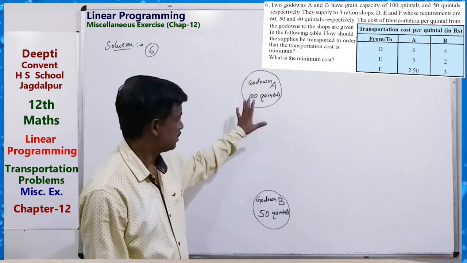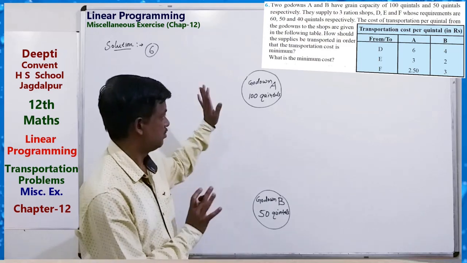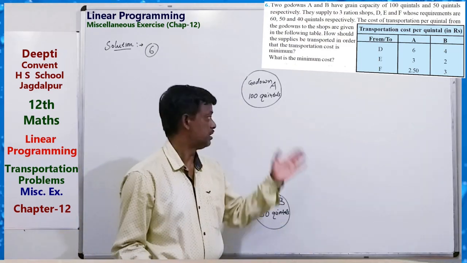Here these are the capacities. Maybe there could be three godowns, but here two godowns.